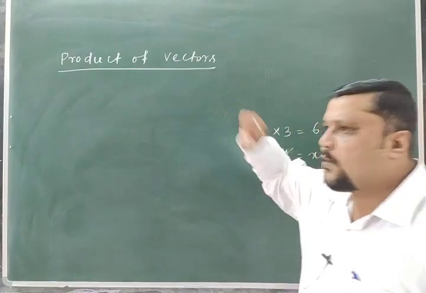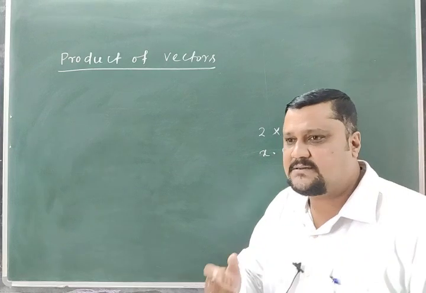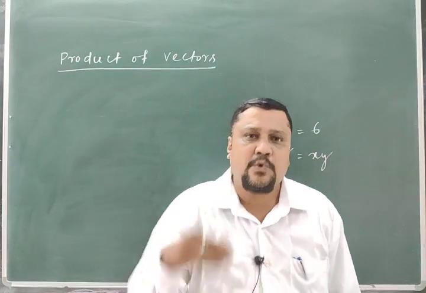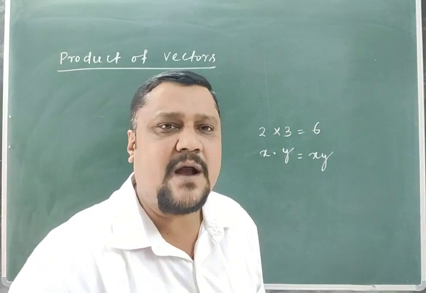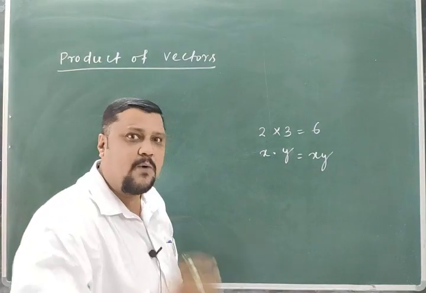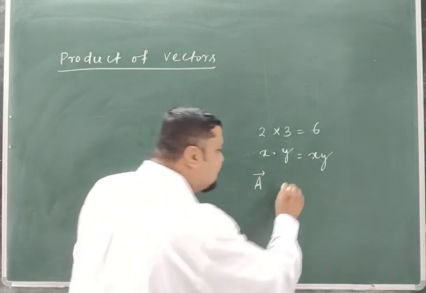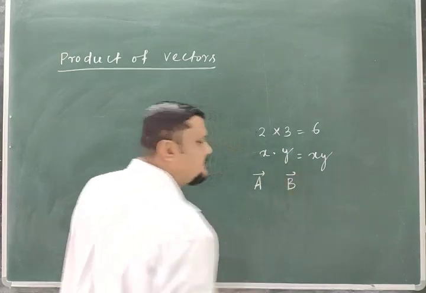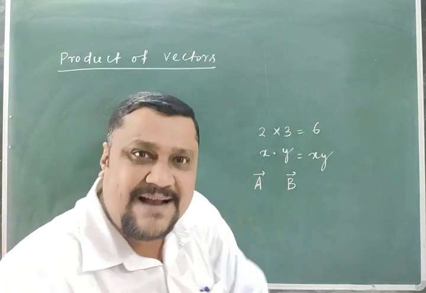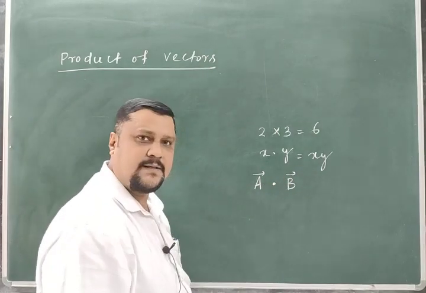But the product of vectors does not allow us to put the symbols as per our convenience. Suppose there is a vector A and another vector B. If I want to do the product of these vectors, then if I put a dot, its meaning is different.